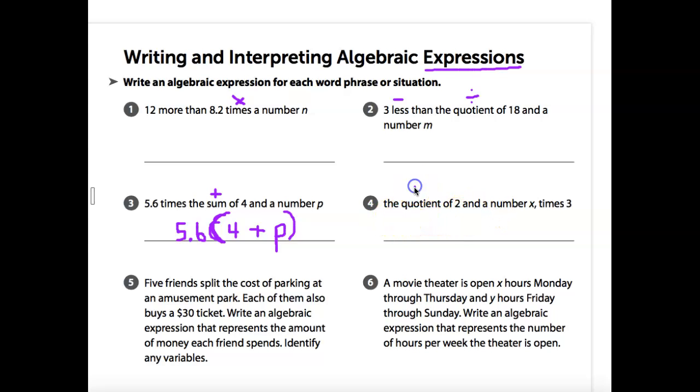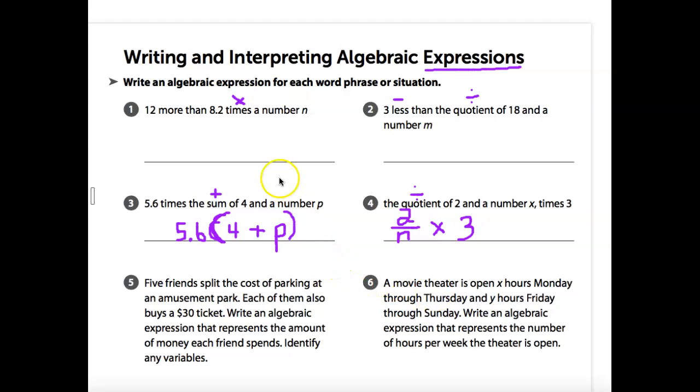Well, quotient we know is division. So 2 and a number, that's the quotient. We've got to find that. And then the quotient and a number x, times 3. Okay, there we go.